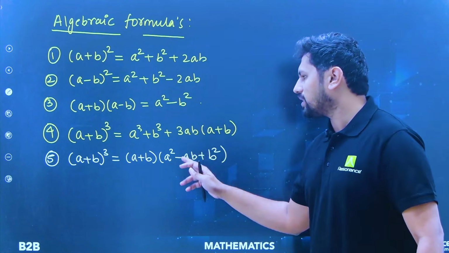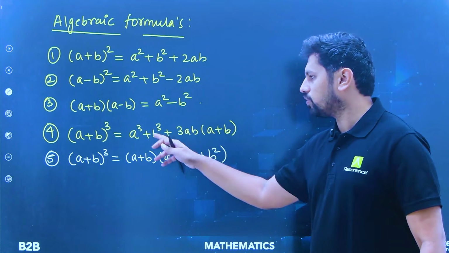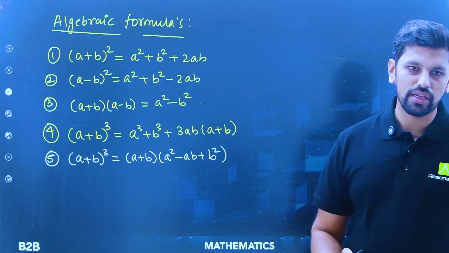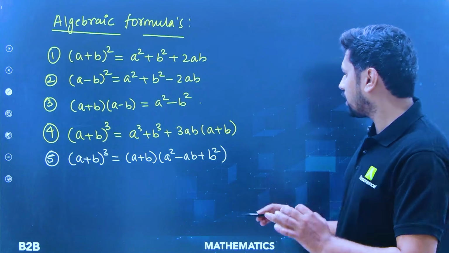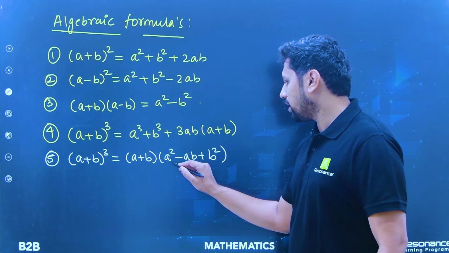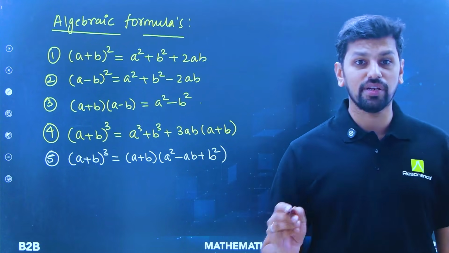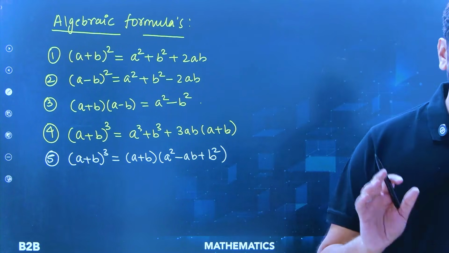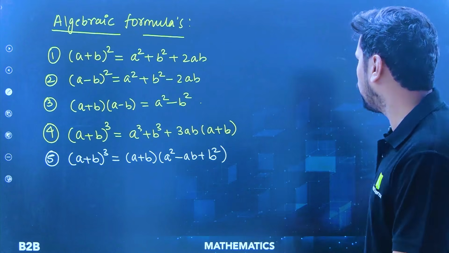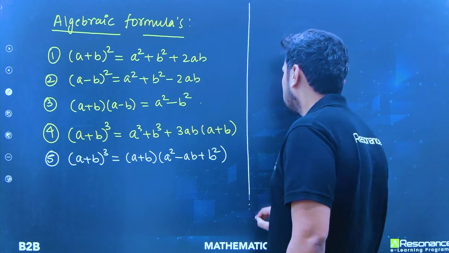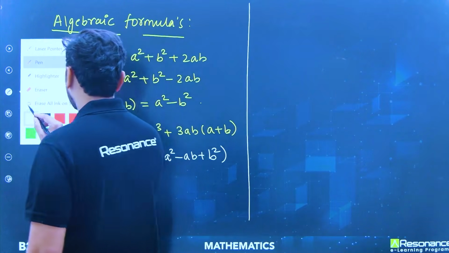Okay, both are same. When you will open these two, you will get the same result. Okay, but different condition. Whenever a square b square is given, we will use formula number 5. Whenever a and b is only given, we will use formula number 4. Okay, so let's move on to next formula.